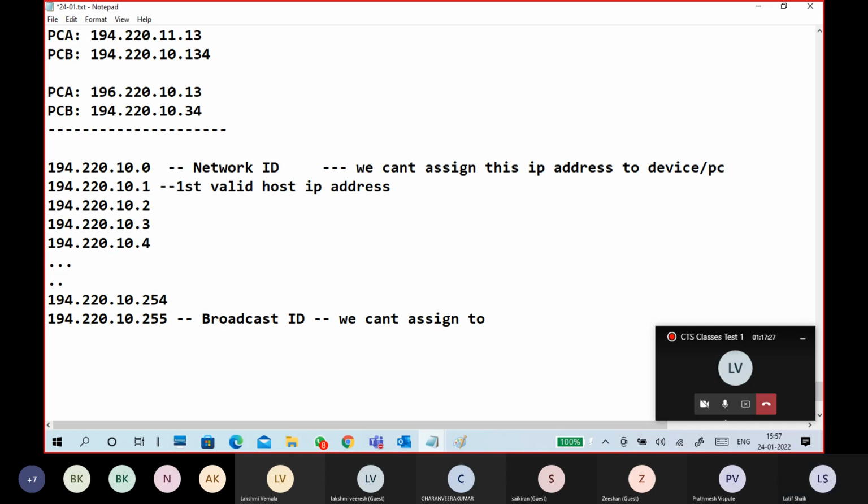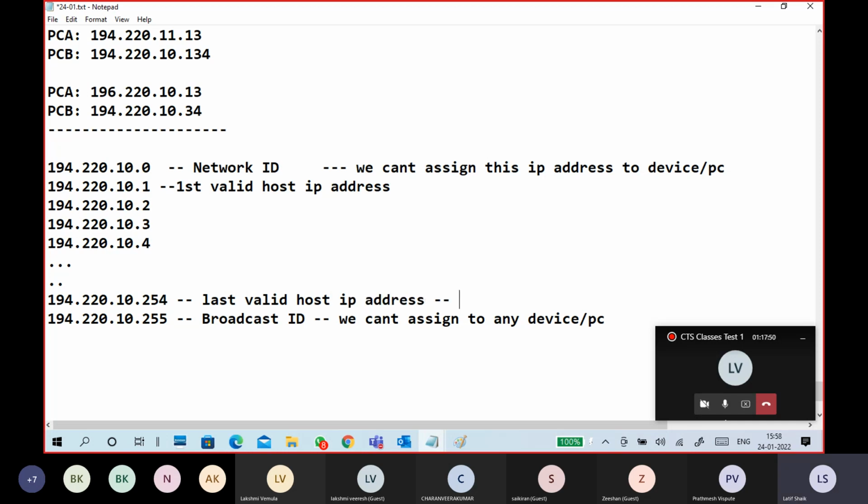to any device or a PC, whatever it is. Okay, this IP address you are not able to assign. So what is this last but one? It is the last valid host IP address.